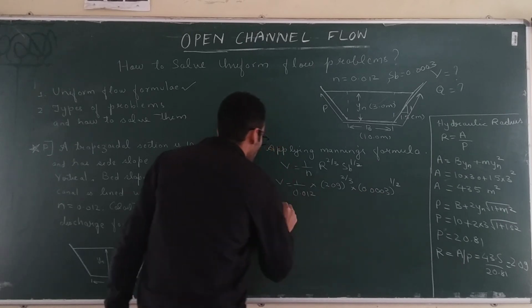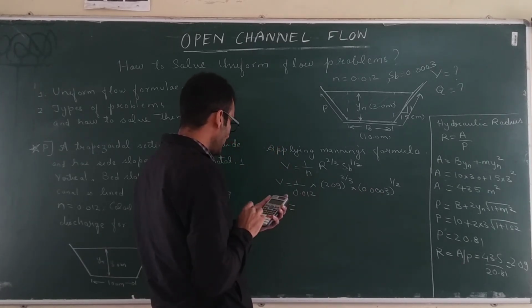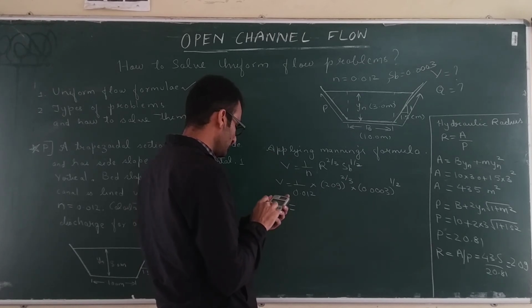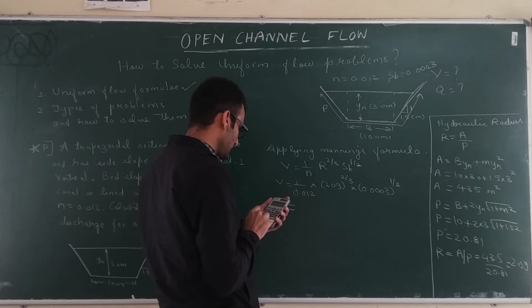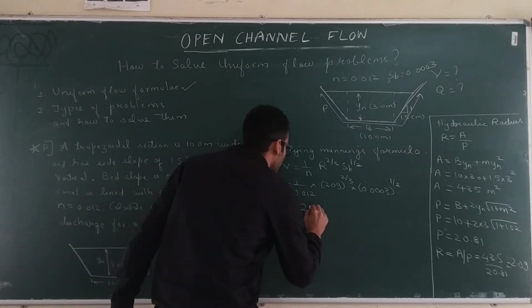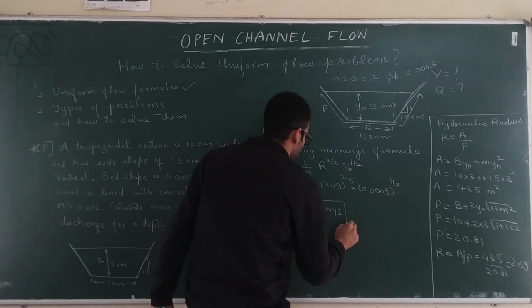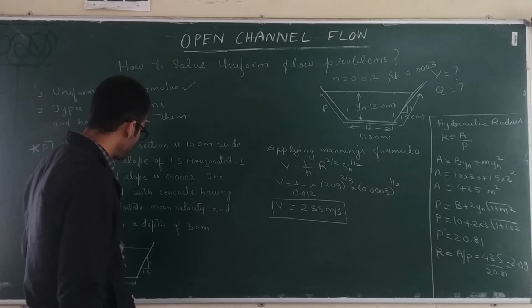So V is calculated as 2.35 meters per second. Unit of velocity will be meters per second. We have used SI units.